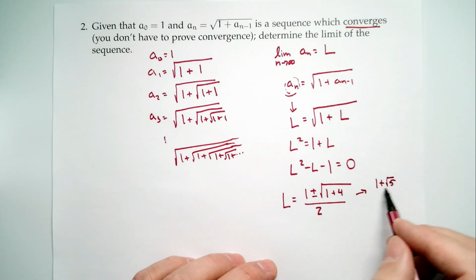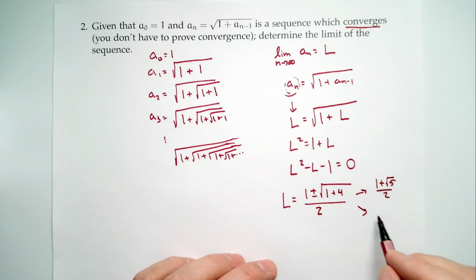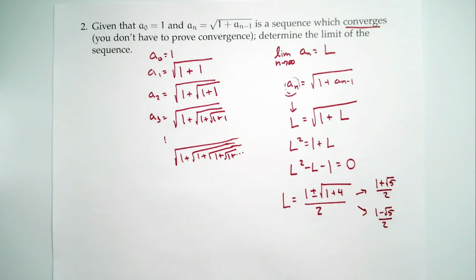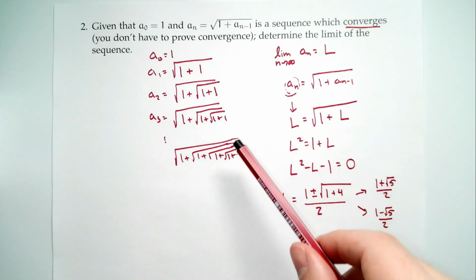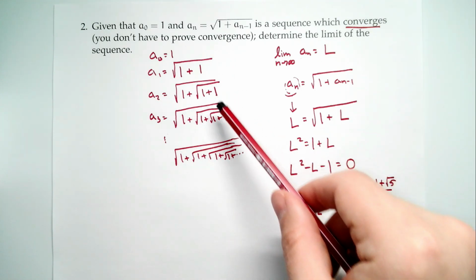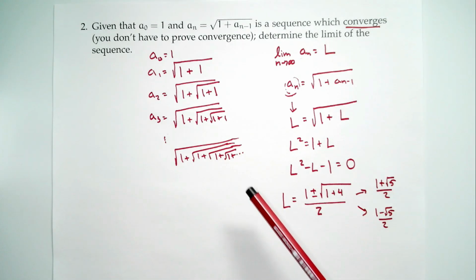Now, we know we can't have two possibilities because it's only going to converge to one thing. That's how limits work. They can't go to two different things. So which one of these is the right answer and which one is an imposter that shouldn't belong? Well, let's think about it. We know we're looking for something where, if we look at these numbers, you get a positive number: 1, square root of 2. And this is something big. In fact, all these numbers are going to be at least as big as 1.